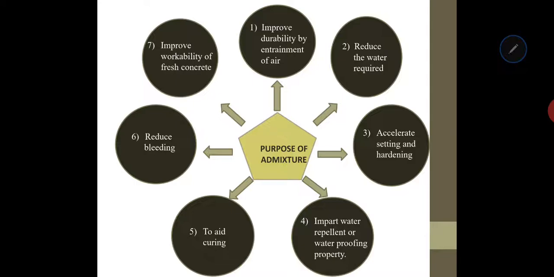This one is commonly used for indoor works where we need the concrete to harden very fast, so we put in some admixture, so when the concrete hardens we can do something else. And impart water repellent or waterproofing properties, aid curing, reduce bleeding, and also improve workability of fresh concrete.